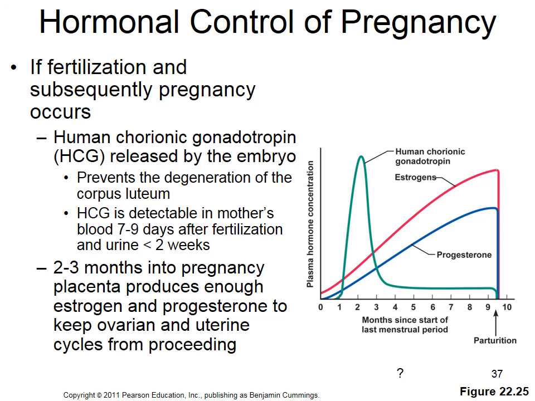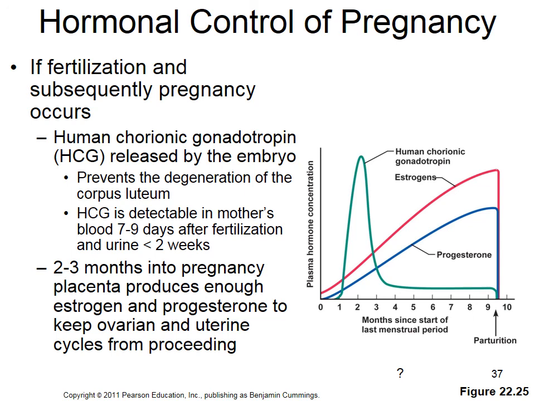What early on causes the increase in estrogen and progesterone levels is the production of human chorionic gonadotropin. HCG is released by the embryo that's implanted itself in the uterus.